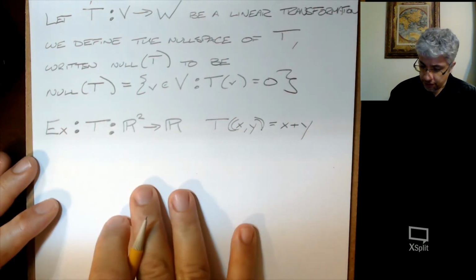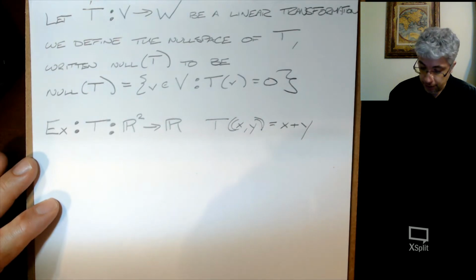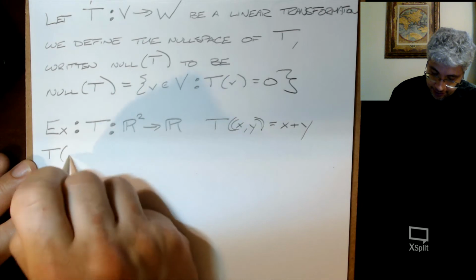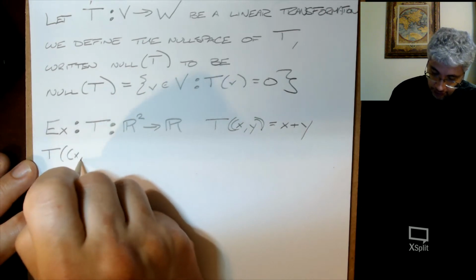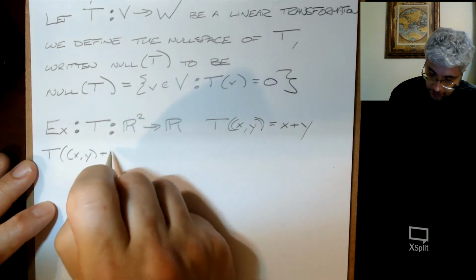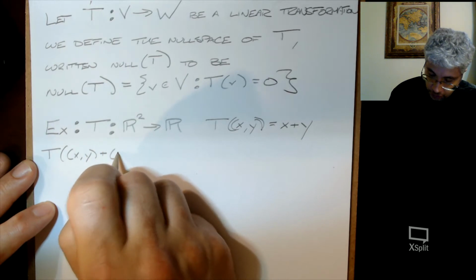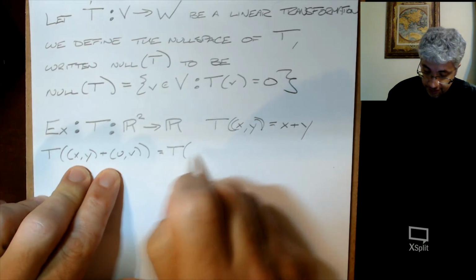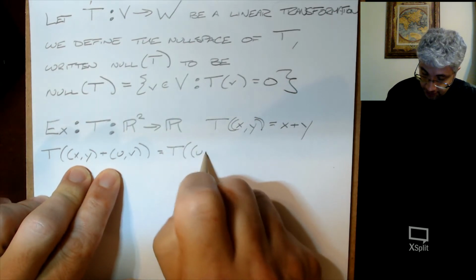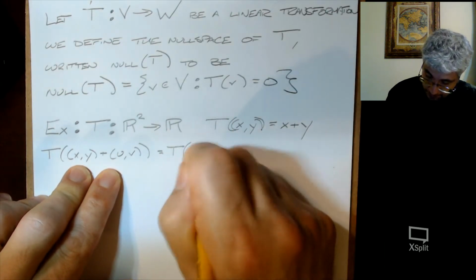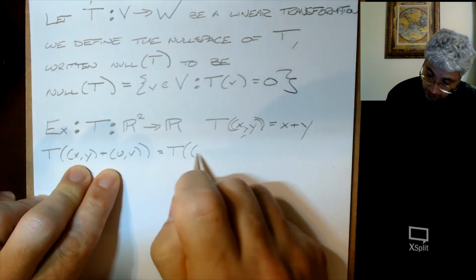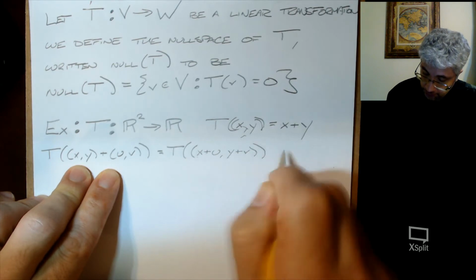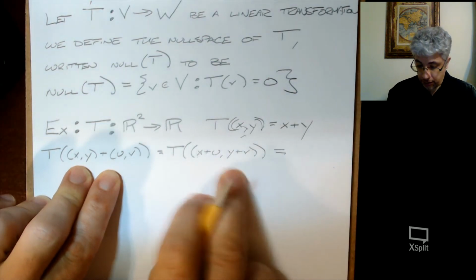So let's see what the null space of this transformation would actually be. But let's also show it's linear. If I were to take T of (x, y) plus, I don't know, (u, v). Well, I have to do this on the inside first. So this is going to be (x plus u, y plus v). Okay, so what's this equal to?